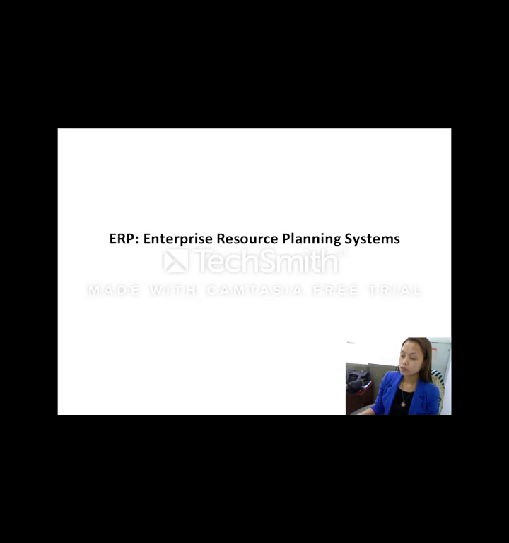ERP provides an integrated and continuously updated view of core business processes using common databases maintained by a database management system.